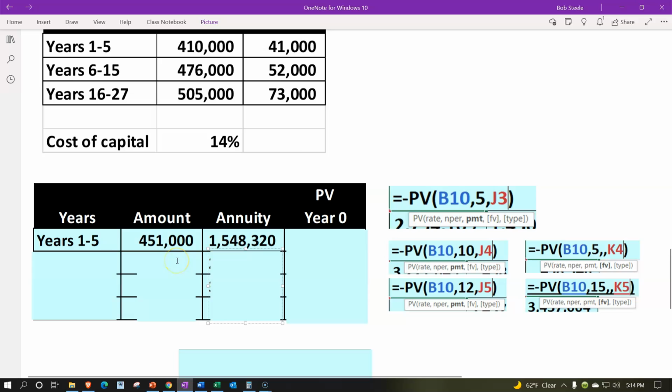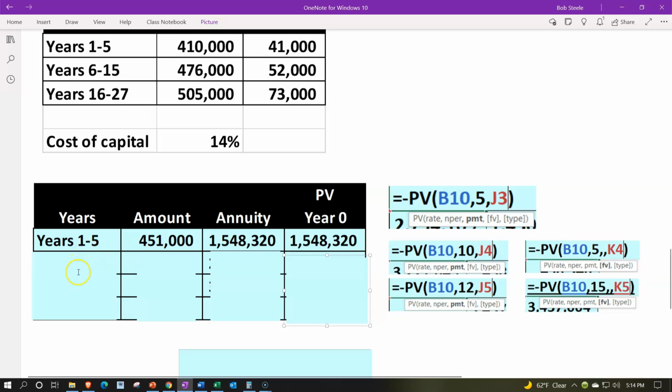The payment is $451,000, and we expect to have 5 of those. And then if we present value that, we would get the $1,548,320. Now this one is the first 5 years, so we do not have to bring that back to year 0. So there's no twist involved. That would be the $1,548,320.